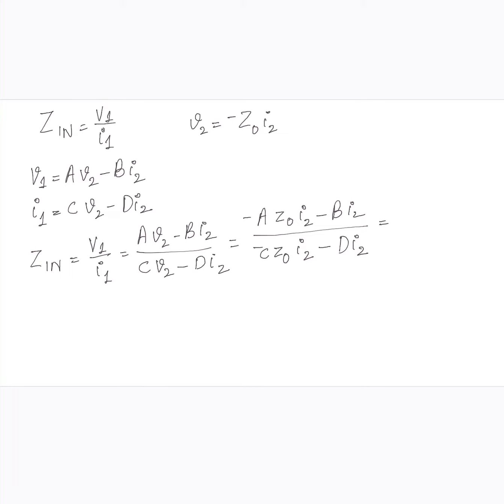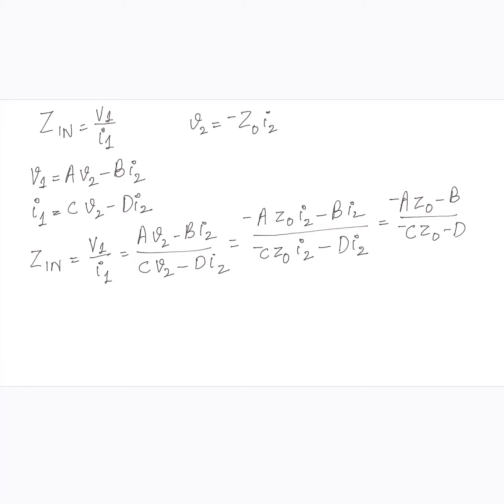Here I2 is common, so we can take it outside, and I2 will get cancelled. The remaining will be minus A Z0 minus B divided by minus C Z0 minus D.